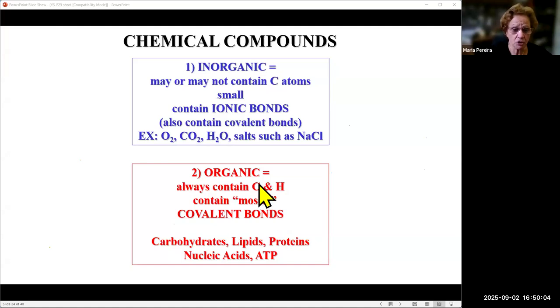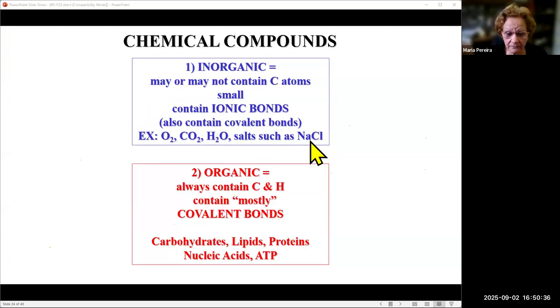Inorganic compounds usually don't contain carbon. So think about water. Water does not have carbon atoms. Therefore, it's an inorganic compound. They contain ionic bonds. That means that the atoms are charged and they are linked together by ionic bonds. So here you have some compounds that are inorganic. Oxygen, water, salts such as sodium chloride.